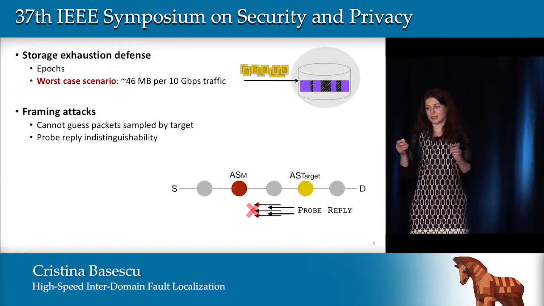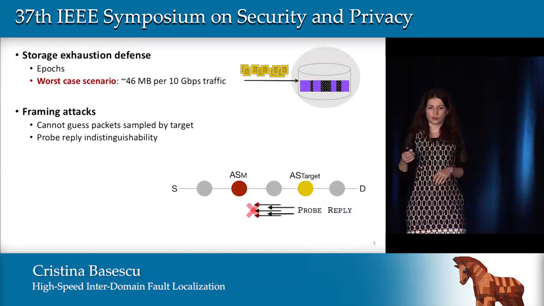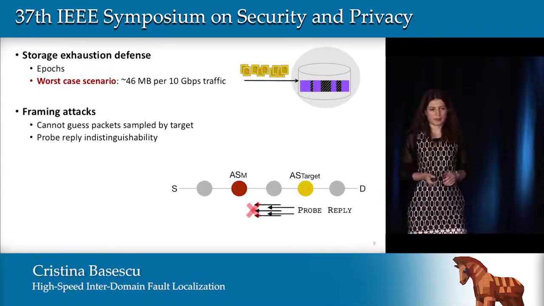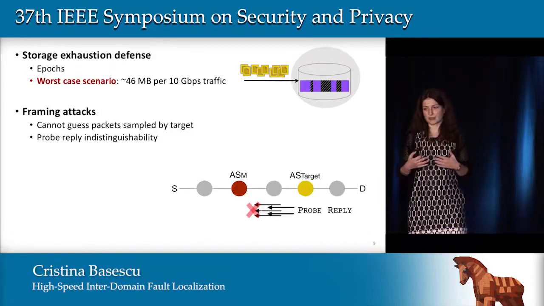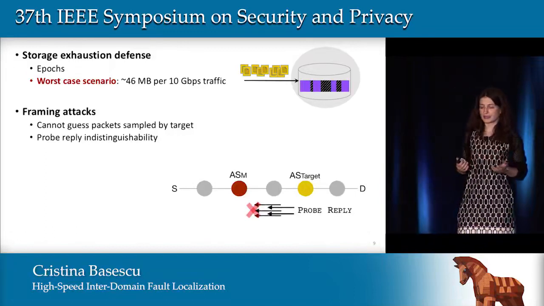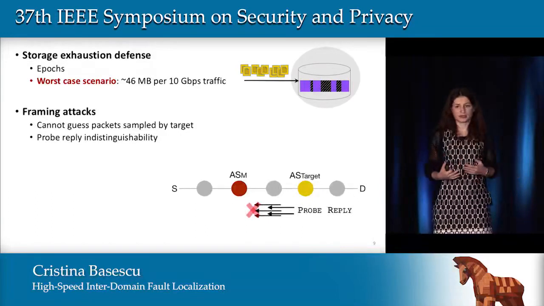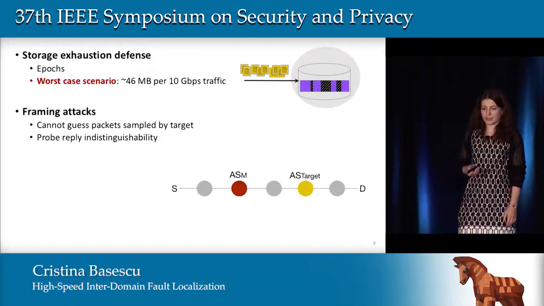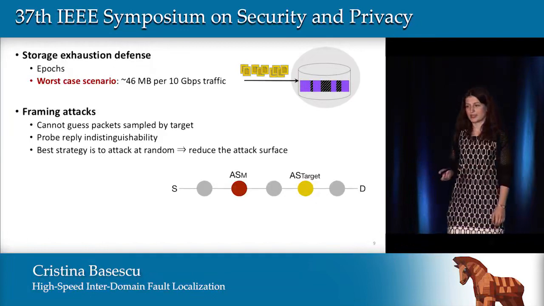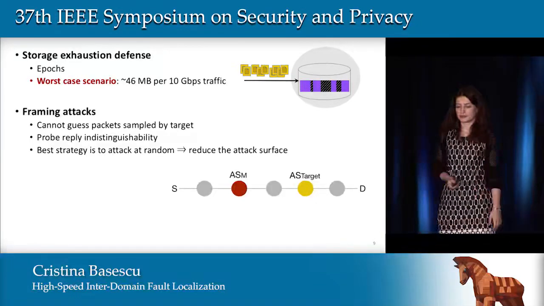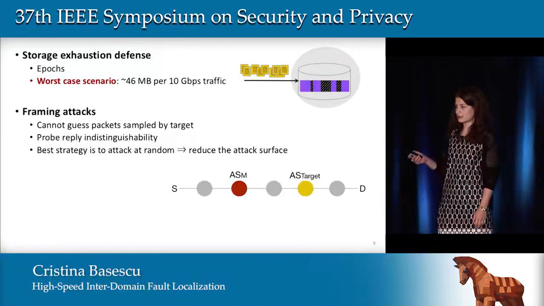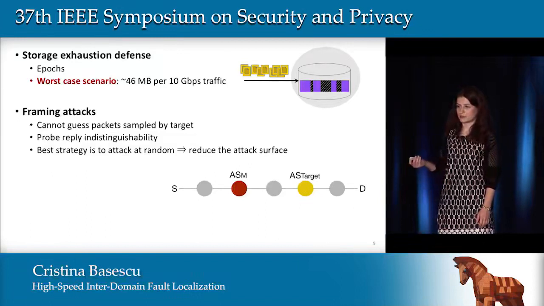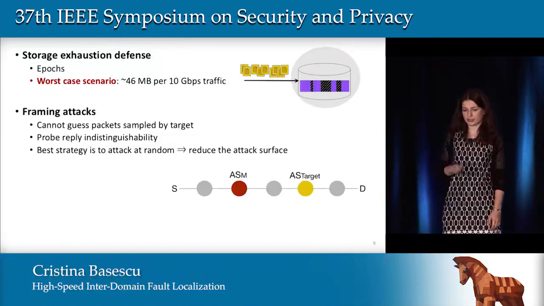That's because the source can tell each node when to send the reply. So we defend against timing attacks. And second, because each node can encrypt the probe reply, it's not possible based on contents to say where the reply originates. And so the best strategy for an attacker is to attack at random. And this reduces our attack surface. There are also other attacks that we consider in the paper, but I will skip them.